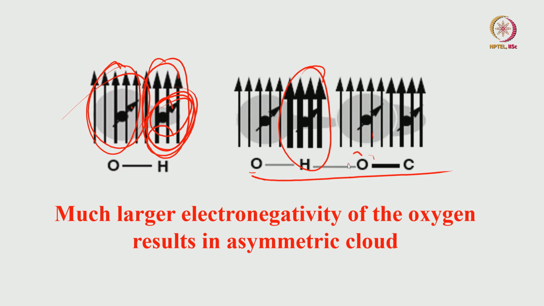See, at the site of each of these atoms you can calculate the charge distribution. What do you understand from this? Much larger electronegativity results in asymmetric clouds like this for this type of bonds.